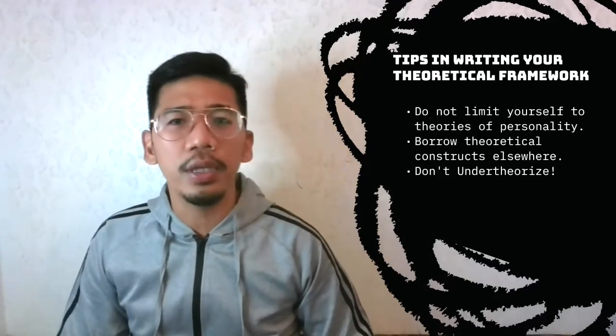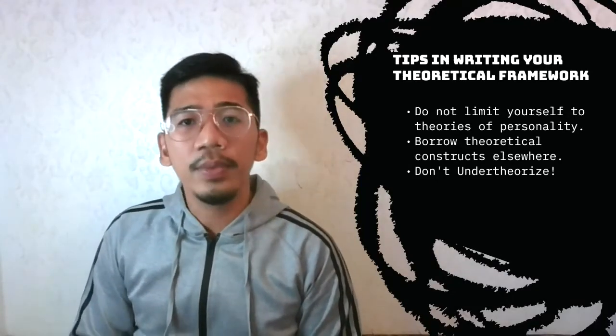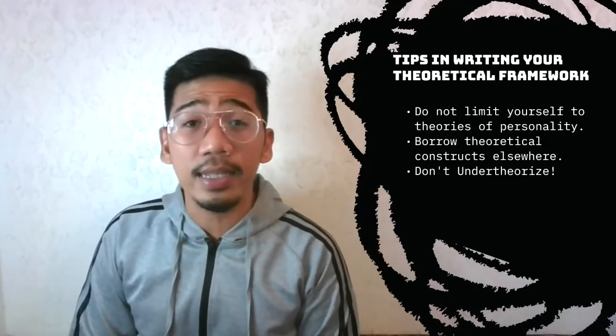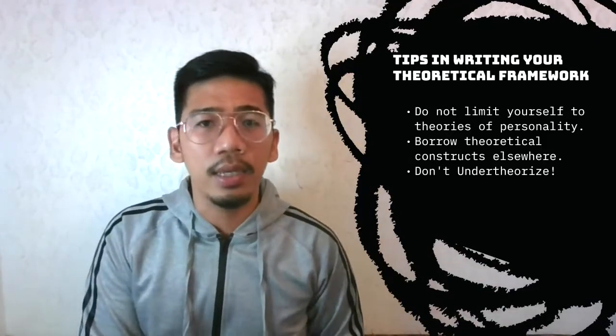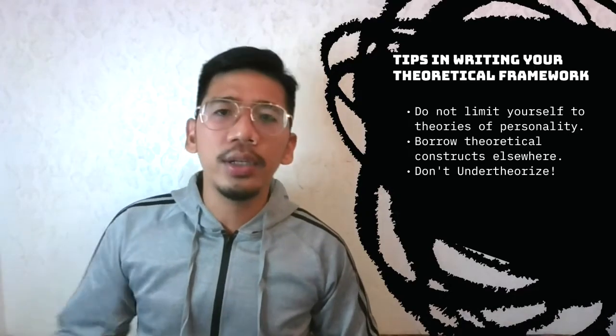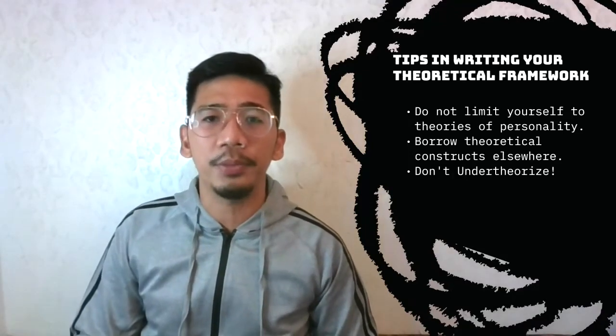In relation to this, you may want to borrow theoretical constructs elsewhere. A growing and increasingly important trend in the social sciences, as well as in psychology, is to think about and attempt to understand specific research problems from an interdisciplinary perspective.